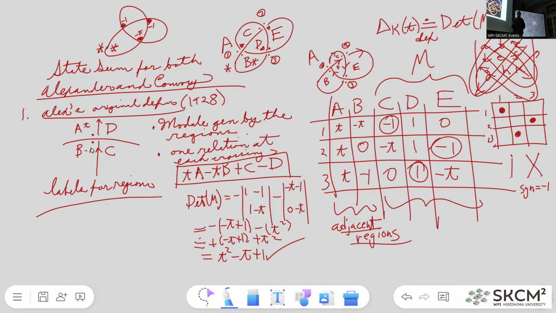When you're looking here, you would see a -t. When you're looking here, you would see a 1. And when you're looking here, you would see a -1. And so if there's a marker here, it will choose a -t. If there's a marker here, it will choose a 1, and so on. Okay? So that's the story, and let's go to the next board and see what that would look like.